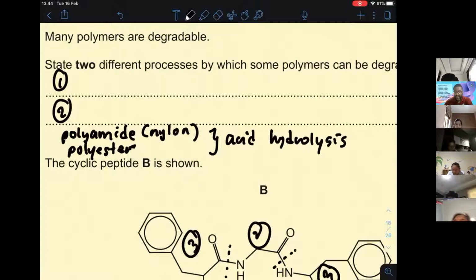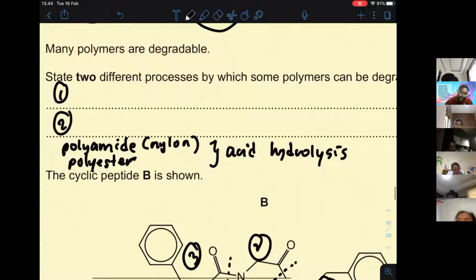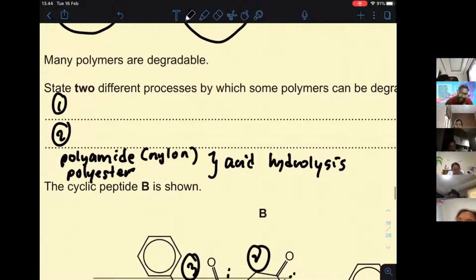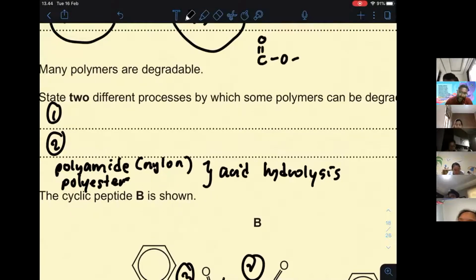Basically if you have ester, you can break the bond between the ester, but you need hydrolysis reaction, acid hydrolysis. Then the polymer can be broken.